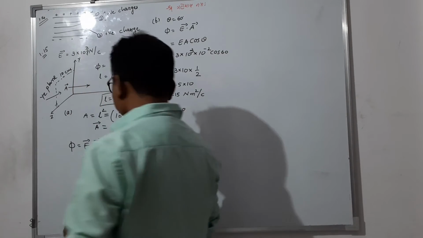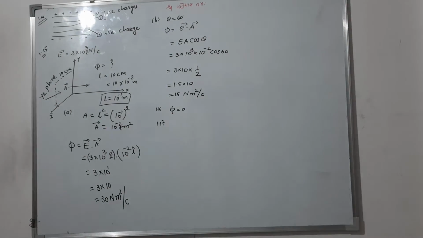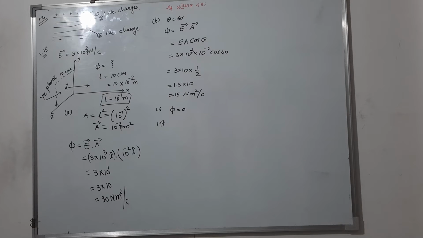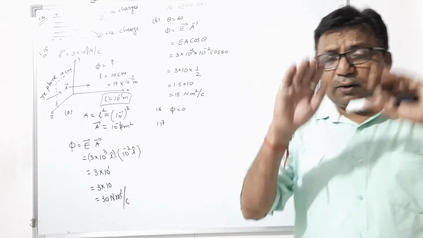Now 1.17. So in 1.17, we have a cube of length 20 centimeter, okay, we have a box, and flux is given as 8 into 10 raised to 3 Newton meter square per coulomb. So you have to find out what is the electric charge inside the box. So you are given a closed box.